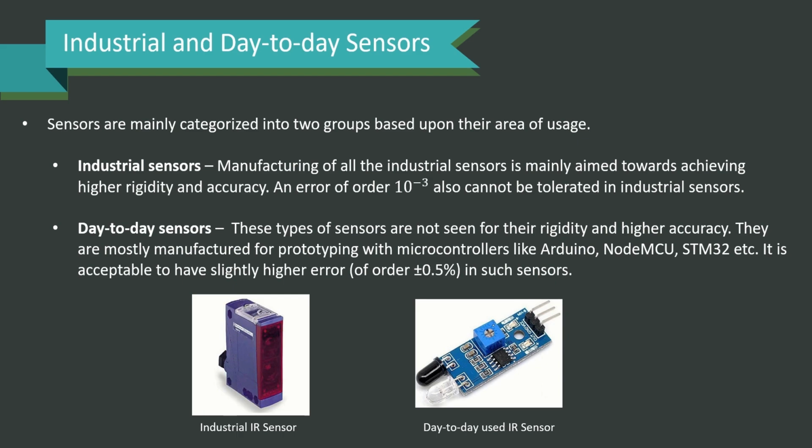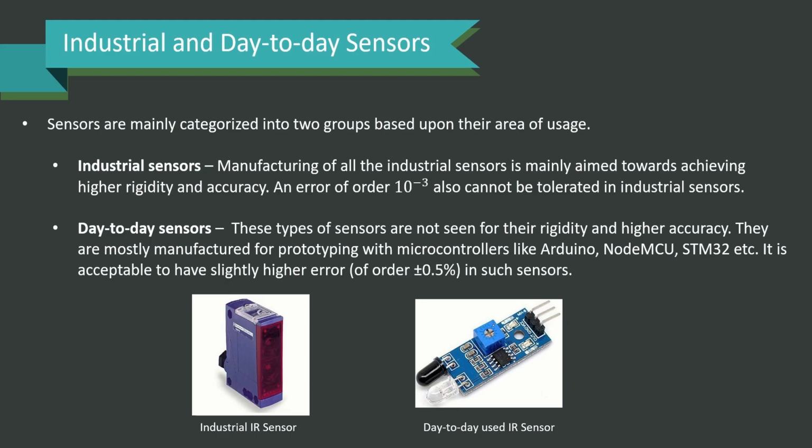It is all about increased accuracy and stability. An error of the order of 10 to the power minus 3 also cannot be tolerated in industry sensors because they might be controlling a real time application which must be monitored with 100% accuracy. In that case, the errors are to be 100% curtailed.